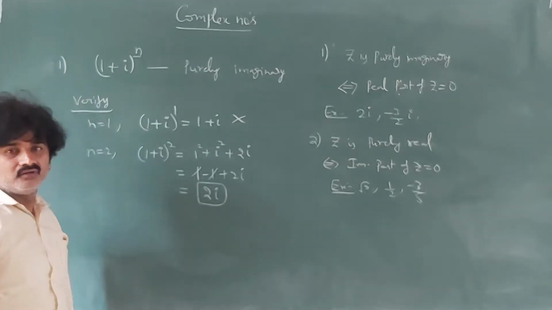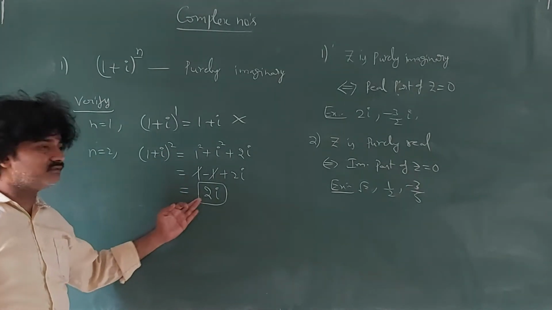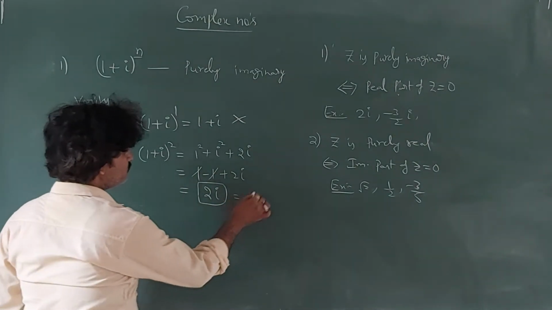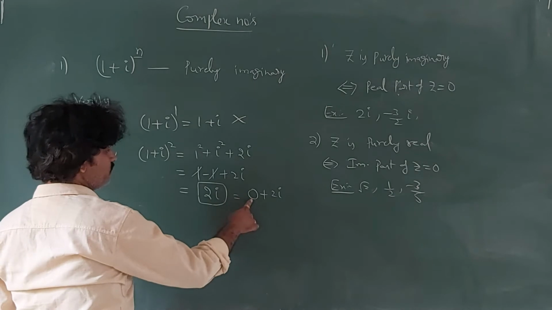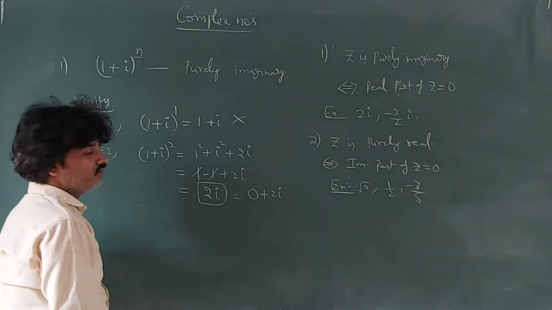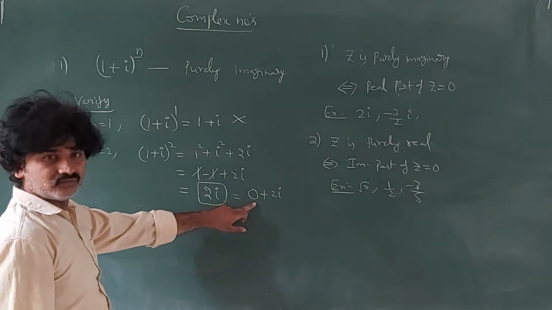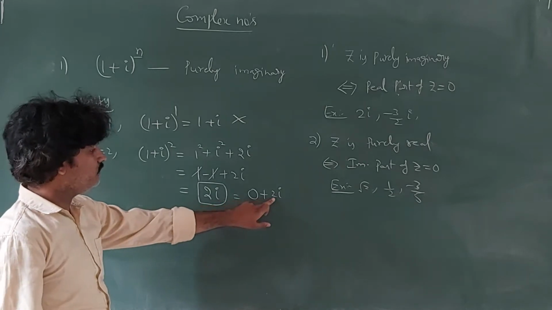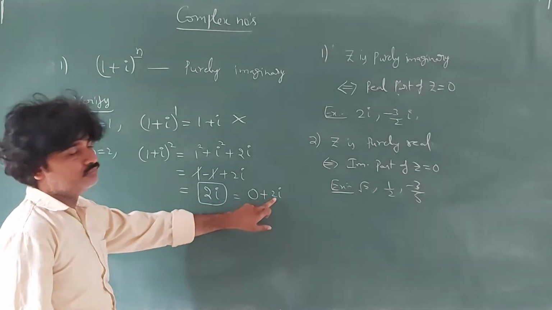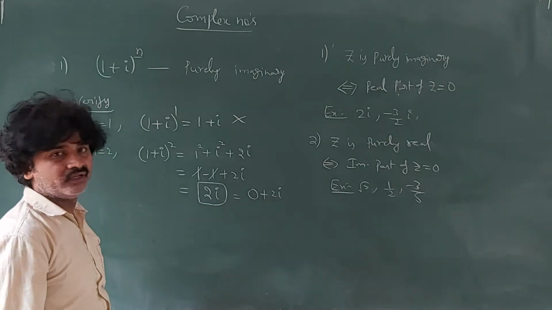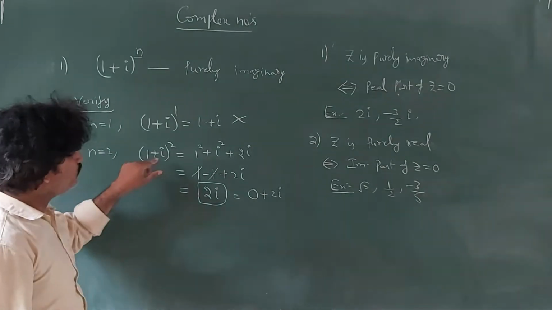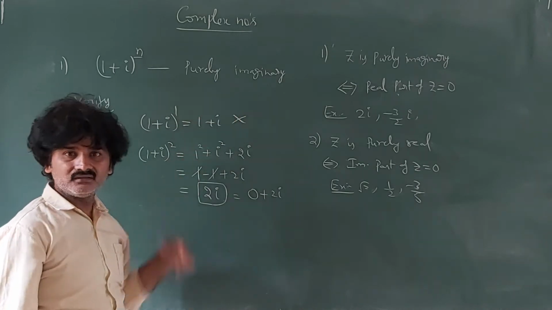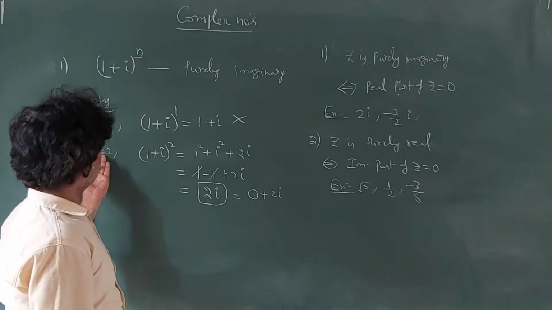No. We can write this 2i as 0 plus 2i, whose real part is 0. Only the imaginary part is left, that is 2. So the complex number is 2i. So if I took n value 2, I got purely imaginary or not? Yes.